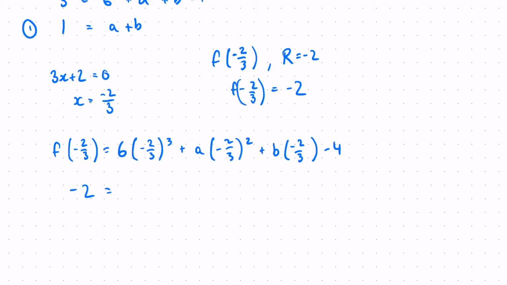So then let's expand the right hand side. That's going to leave us with minus 48 over 27 plus 4 over 9 a minus 2 over 3 b minus 4.